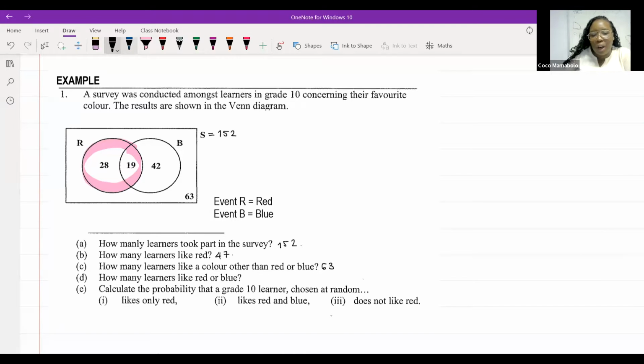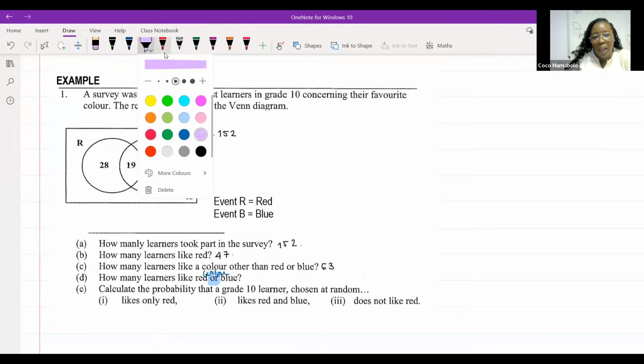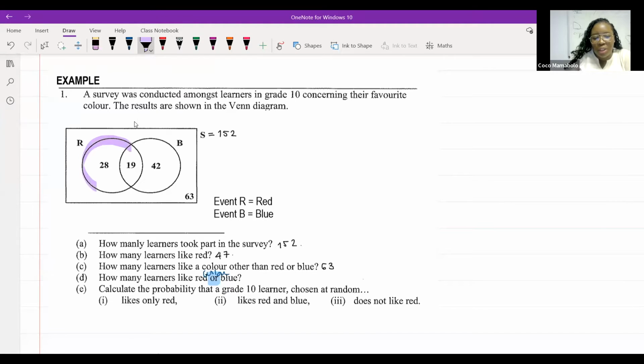Now it says, how many learners like red or blue? What exactly are we asking for when we say red or blue? In probability speak, in mathematical speak, what does or mean? It's not the intersection, it is the union. Correct, Funzo, that's it. I'm going to do it in purple to show you it's the union of red and blue, which means you can like any of the colors, it doesn't matter.